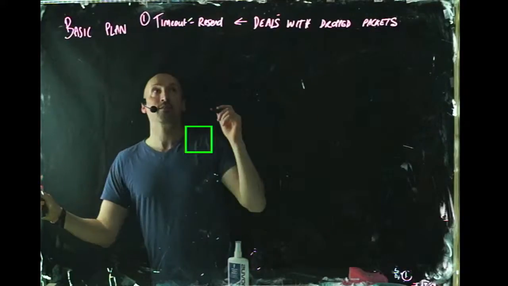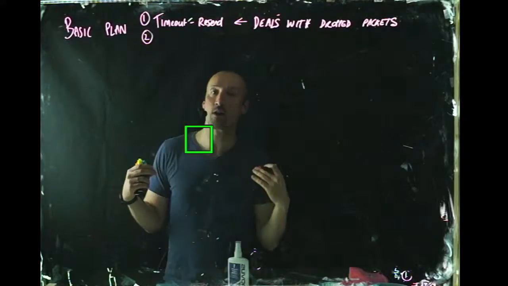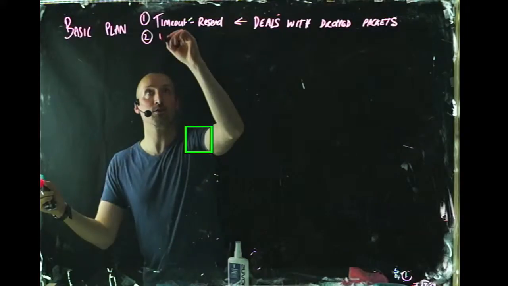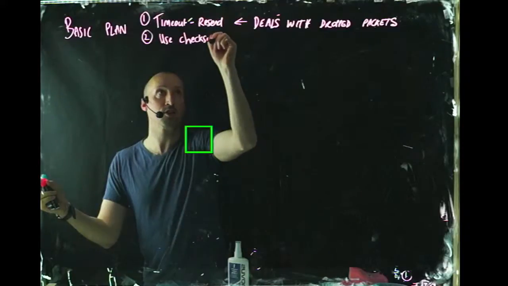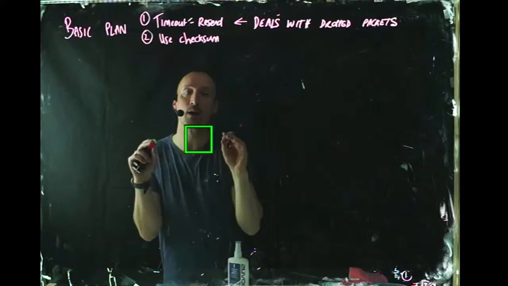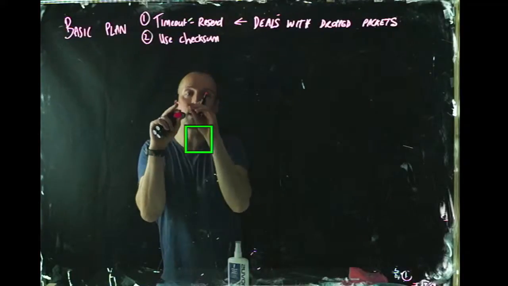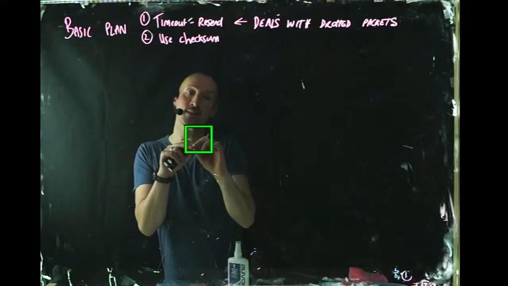And we're going to need a checksum. We're going to need some way of checking that there's an error in the message. What a checksum does is it does a little bit of maths on the bits in the message, and it puts the answer inside the message.